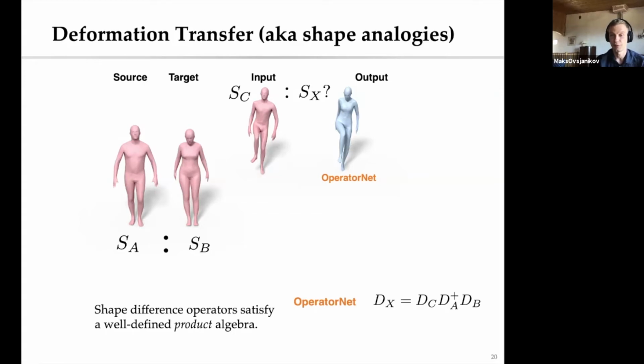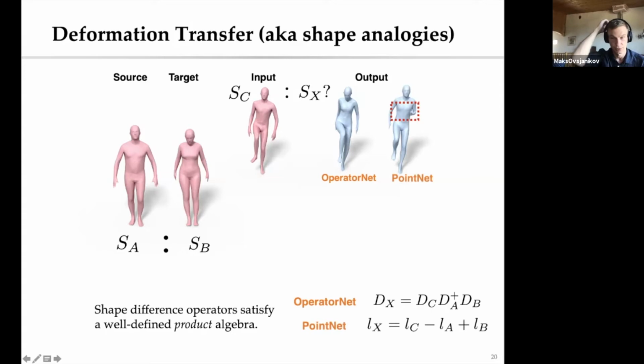There's a different way of solving the same shape analogy problem, which is by doing additive algebra in the latent space. This is commonly used, and it's basically saying, okay, if I have these latent vectors associated with A, B, and C, can I synthesize a latent vector for X by doing this additive algebra and synthesize a new shape this way?